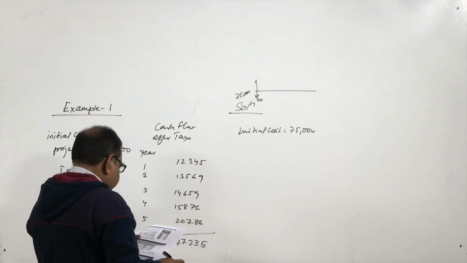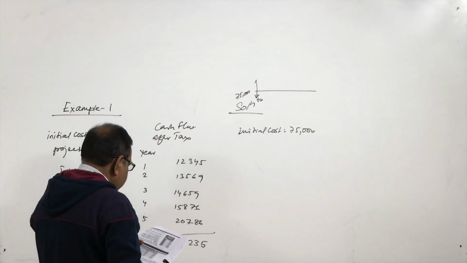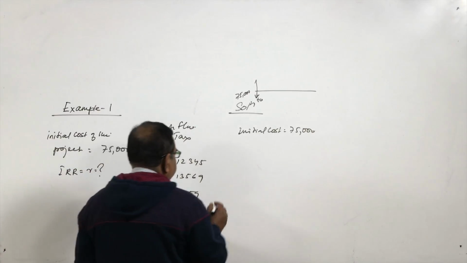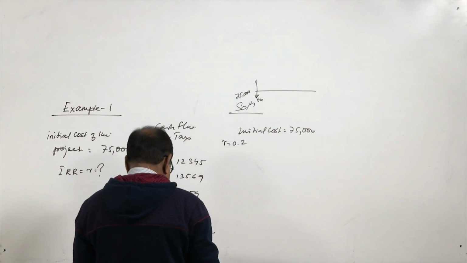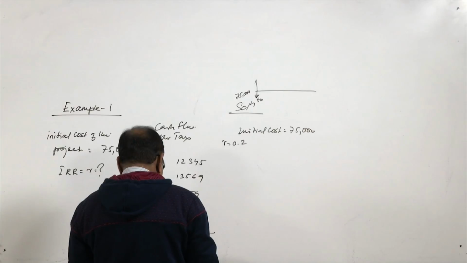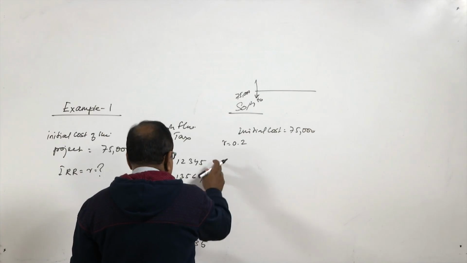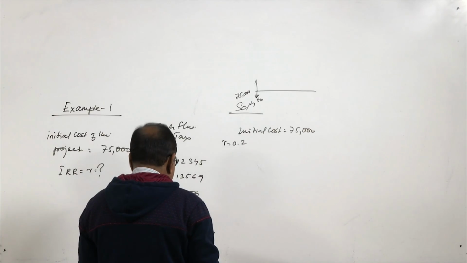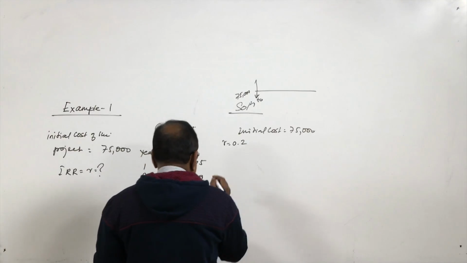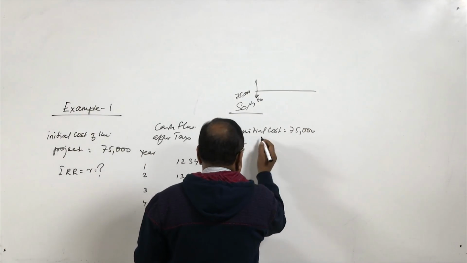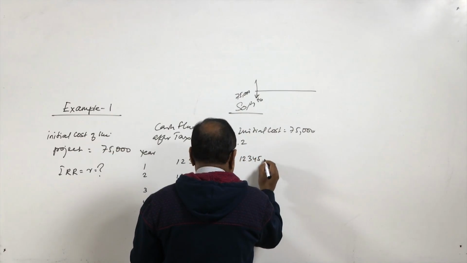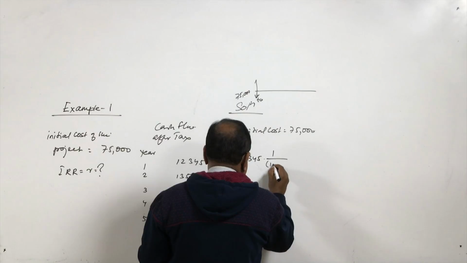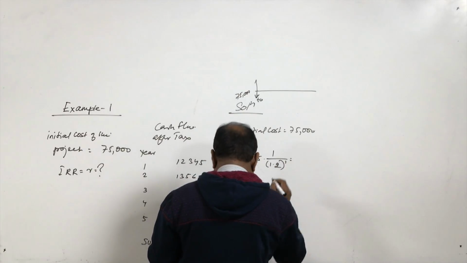Now if I use R equal to 0.2, then let us try to convert these. So this will be converted for R equal to 0.2: the first cash flow multiplied by 1 by 1.2 to the power 1.